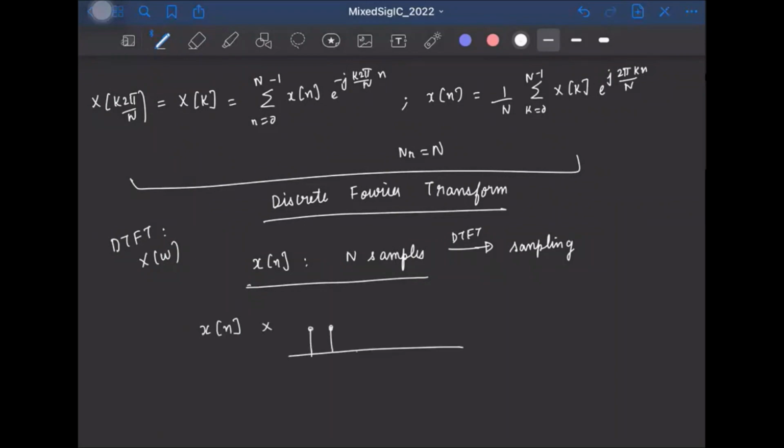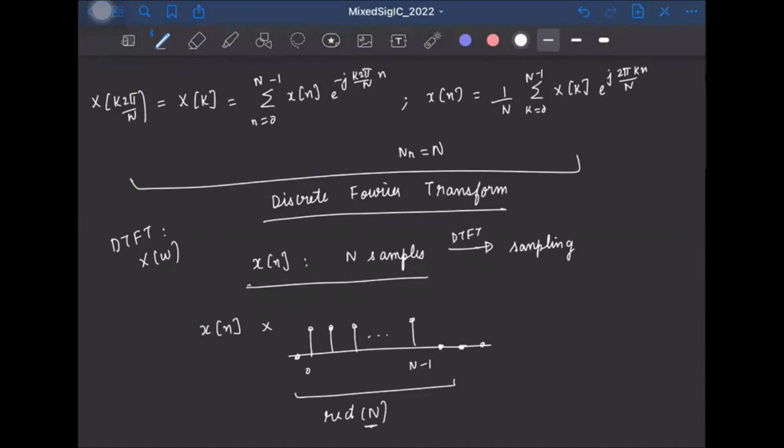So it is 1 from 0 to n minus 1, and it is 0 for all the other samples, right? And this is called a rectangular window, right? And I'll say it's rect of n to symbolize the fact that it has a total of n ones.